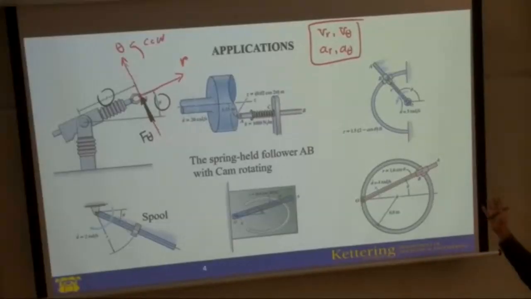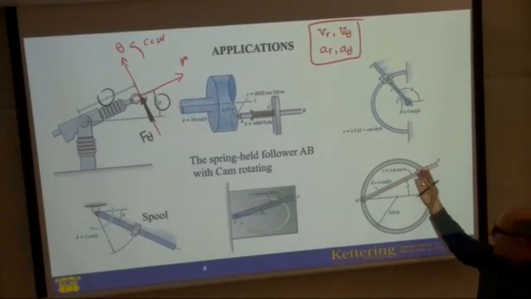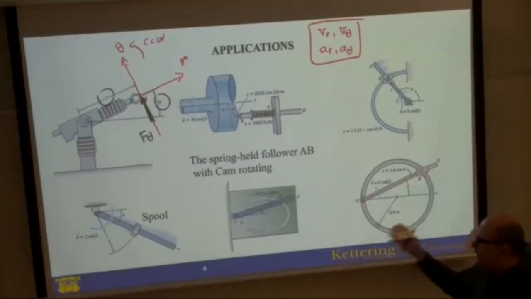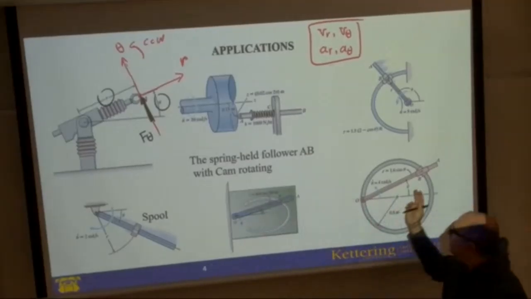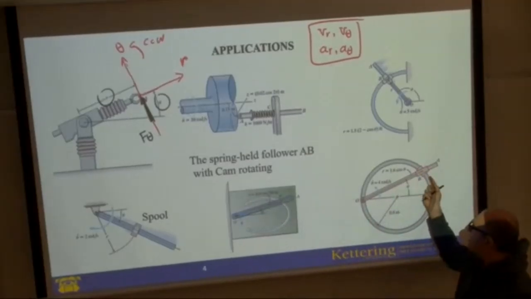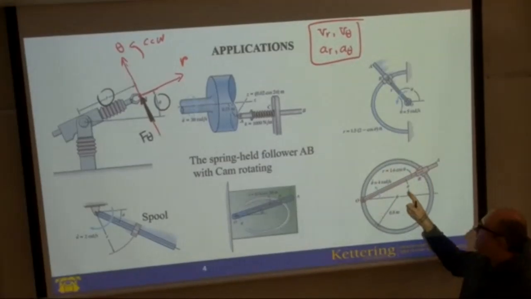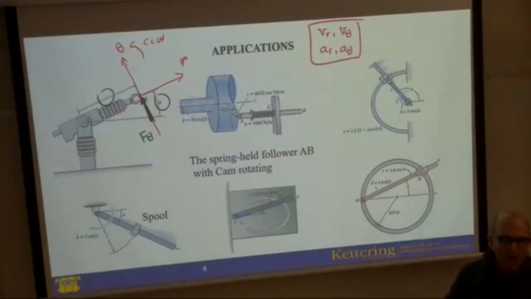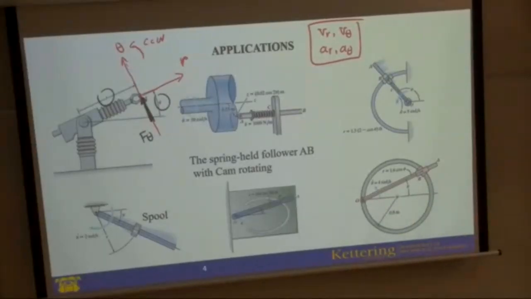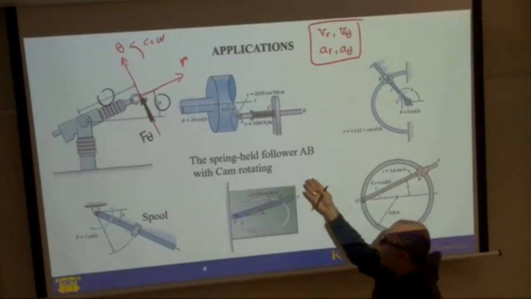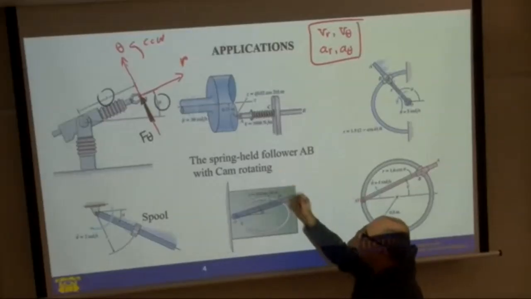Or for this type of mechanism, if it just rotates about this point O, you want to see how much force is needed for different theta, different r, different angular velocity, different angular accelerations. These are some of the examples, or this mechanism, which is a straight-sided follower with the cam rotating.